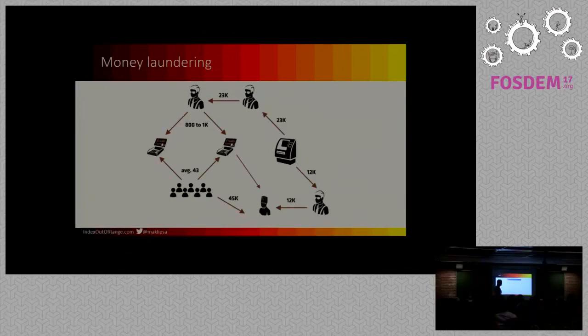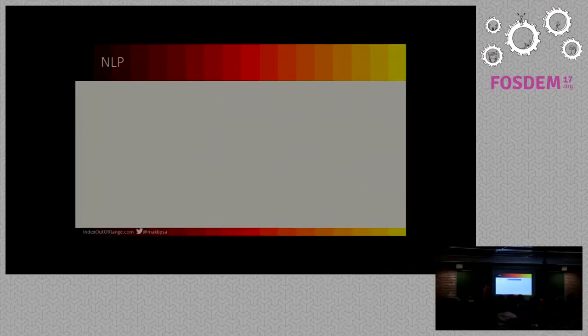NLP, and this is an oversimplification, I know, but stay with me. If we have a sentence saying, find me all sushi restaurants in New York that my friends like, we can easily understand each word of the sentence, but answering this question is quite complicated.